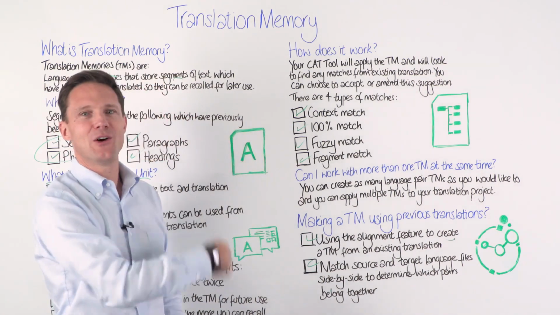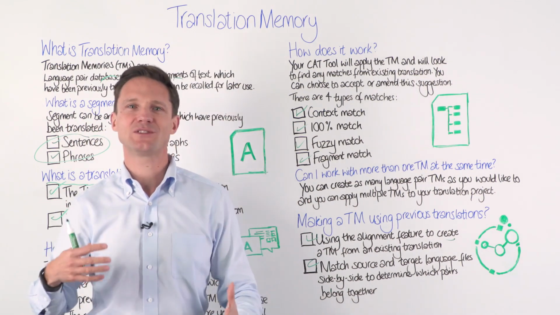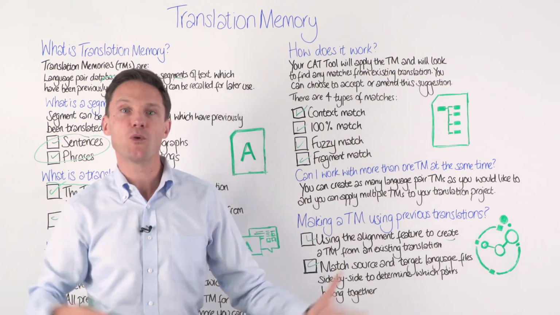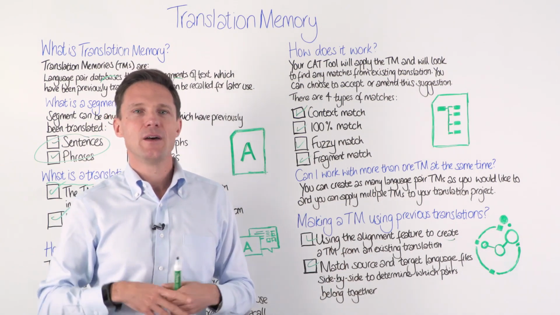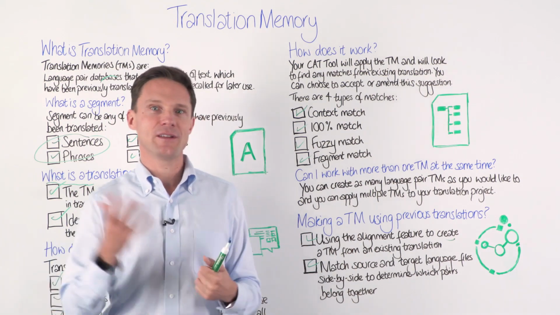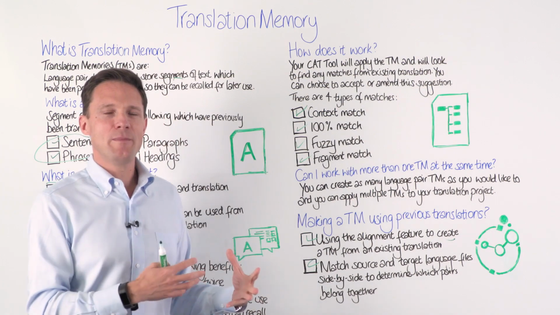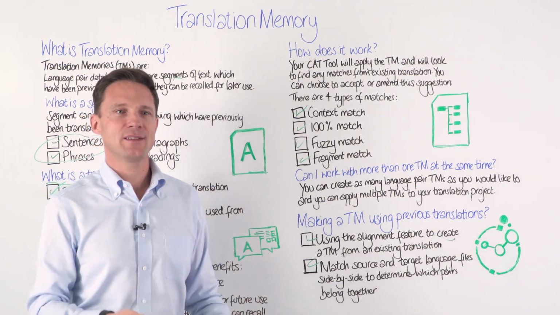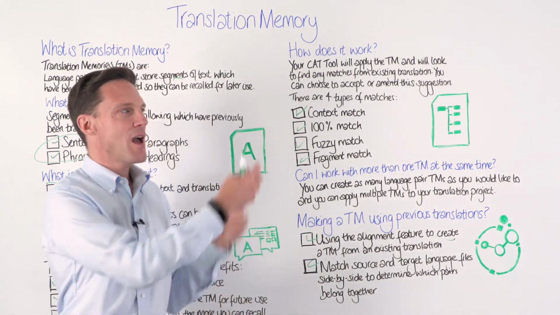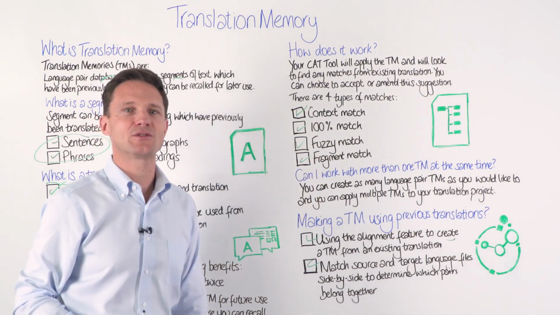One good point of translation memory is that it can store any language. There is no constraint. Any language can be imported and worked with in a translation memory. No matter what language combination you translate in, everything can be imported. So hopefully you got a bit of a sense of what a translation memory is, what's inside, what a segment is, and how all of that works together to give you suggestions as you translate.